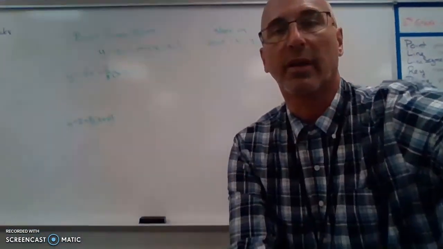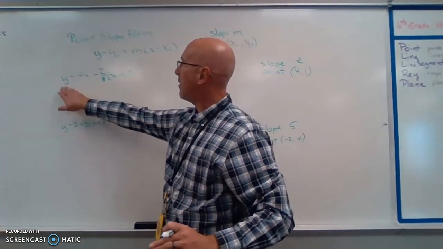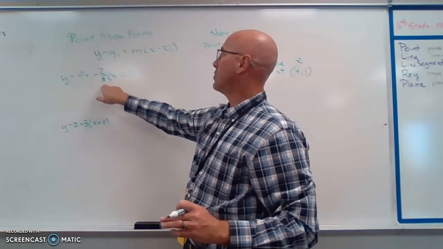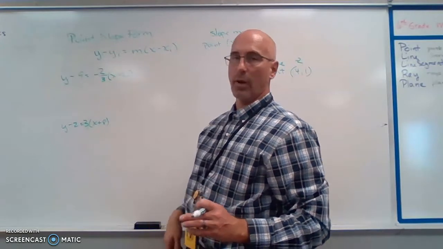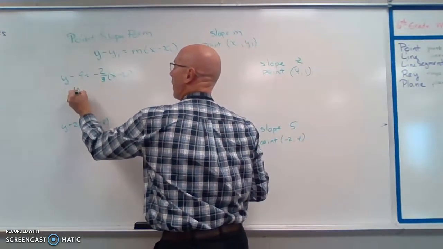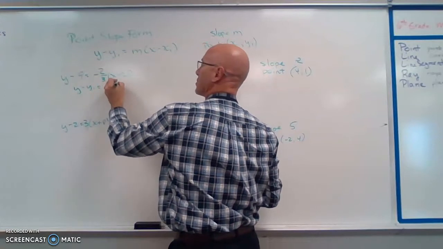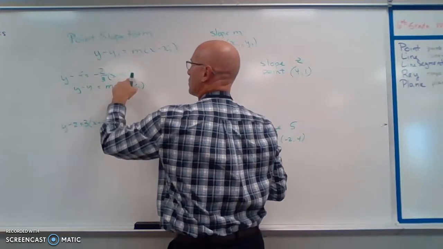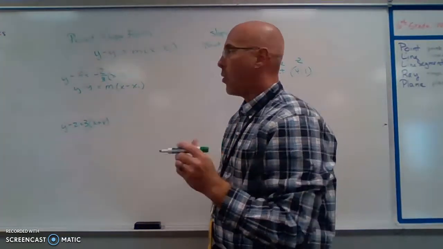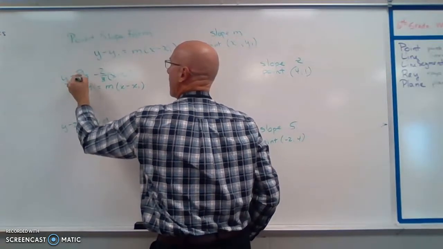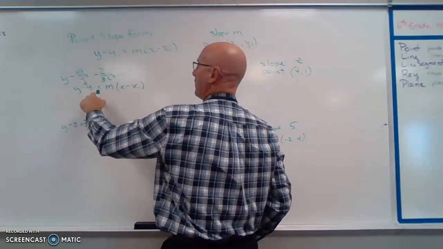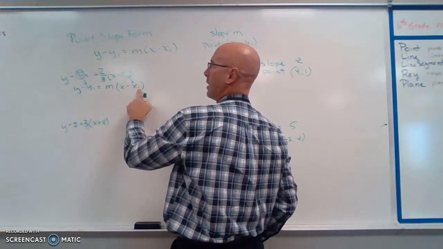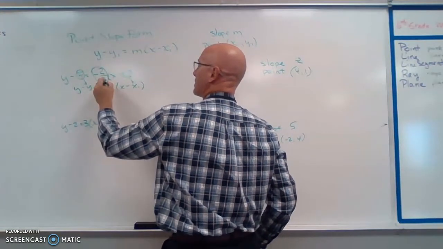Okay, so let's see if I can get this a little bit better for you to see. All right, so here we have a point-slope form equation. Y minus 9 equals negative 2/3 times x minus 21. So we use the form y minus y1 equals the slope times x minus x1. When we use our given equation, the 9 corresponds to y1, the 21 corresponds to x1, and the negative 2/3 is our m.